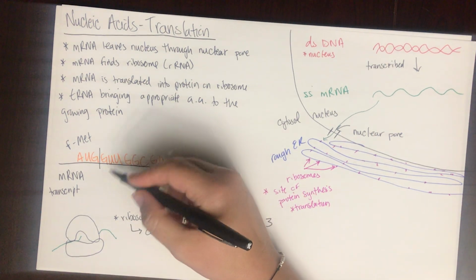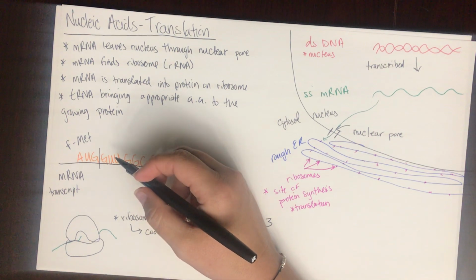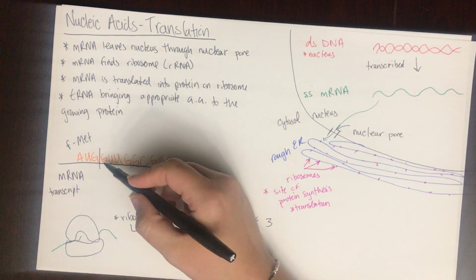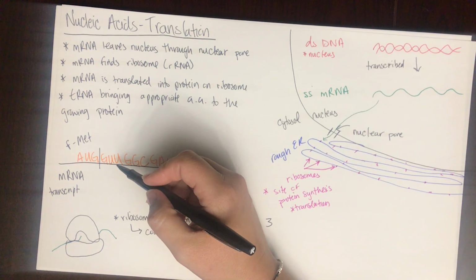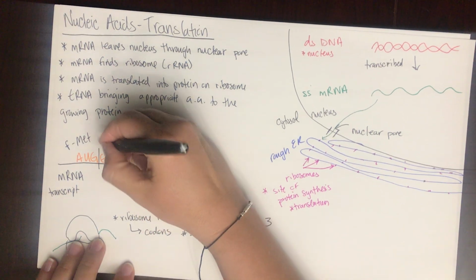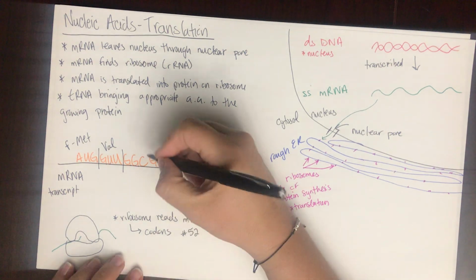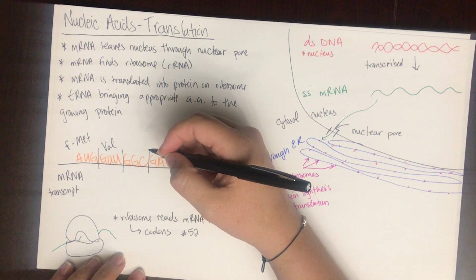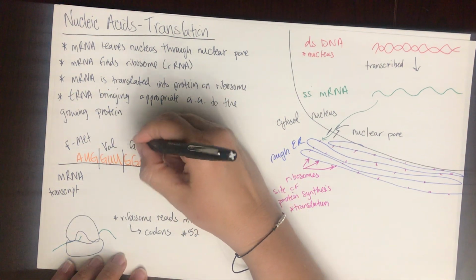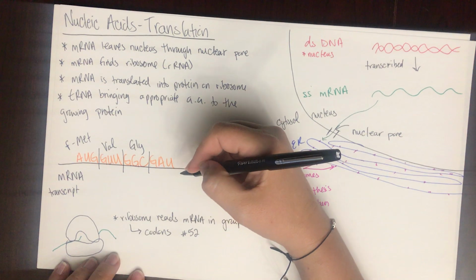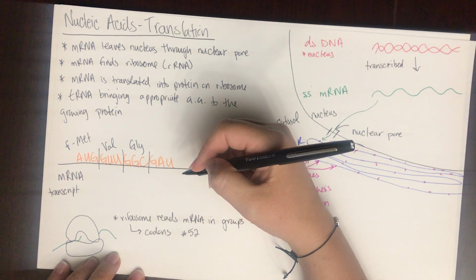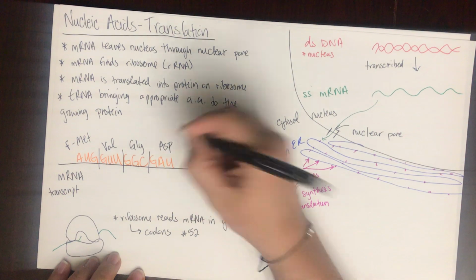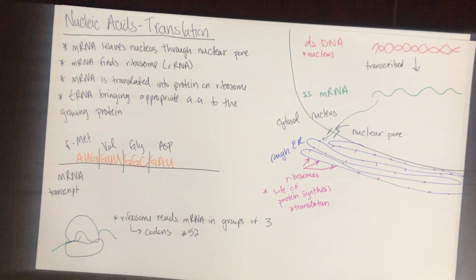Then the next one, if you look at the codon chart, is GUU. We see that this codes for a valine. And then GGC. If we look at the code on slide 52, GGC is glycine. And then GAU is aspartate, or aspartic acid.